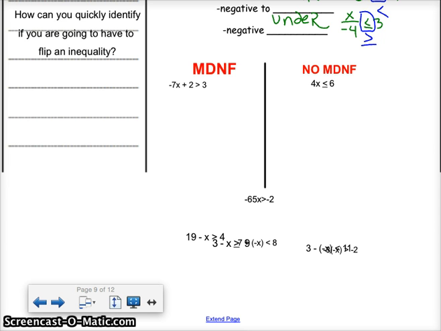Negative 65x is bigger than negative 2. Flip or don't flip? What do you think? Flip, because you're going to divide by a negative. This would be a flipper. 19 minus x is bigger than 4. You actually flip this one because it's a negative 1x.